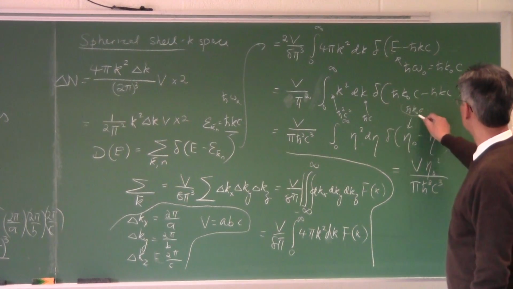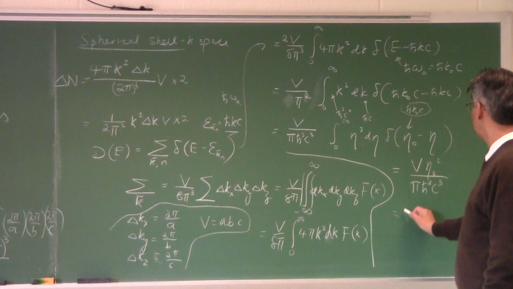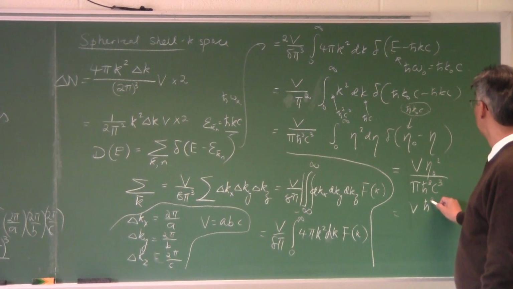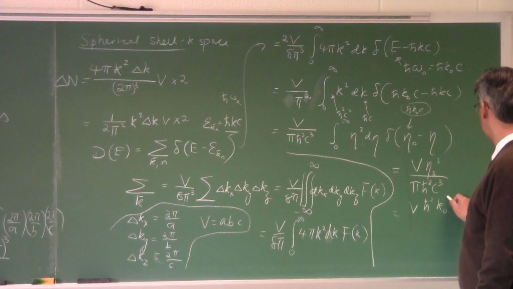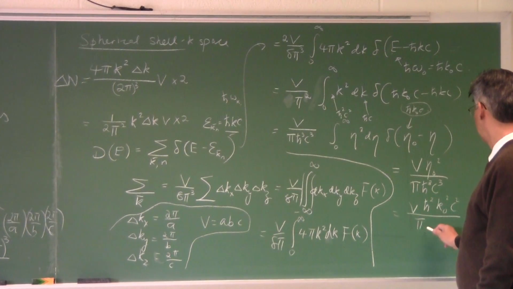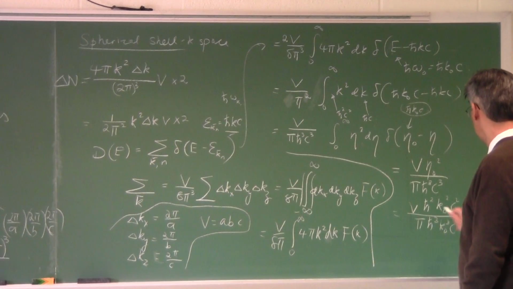But eta naught is given by this. So this will be equal to b h squared k naught squared c squared over pi h cubed k naught cubed c cubed, and then k naught cubed, right?